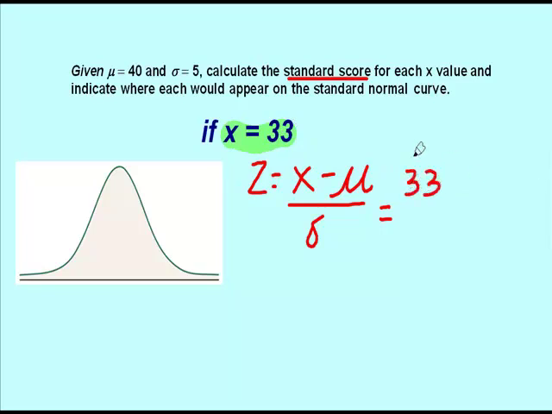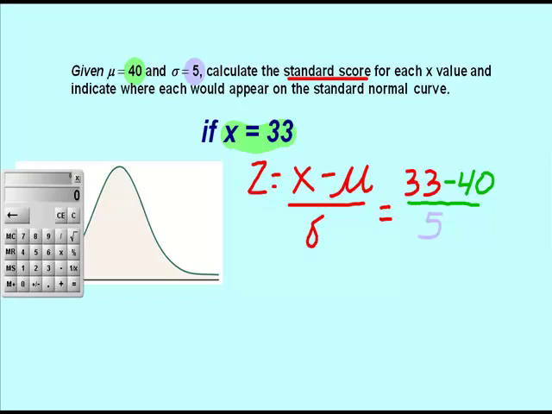And they're also telling me that mu is 40. So I'm going to put 40 in the mu spot. And finally, standard deviation is 5, so I will put 5 in the standard deviation spot.